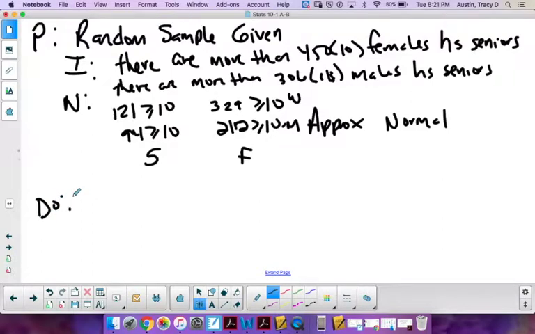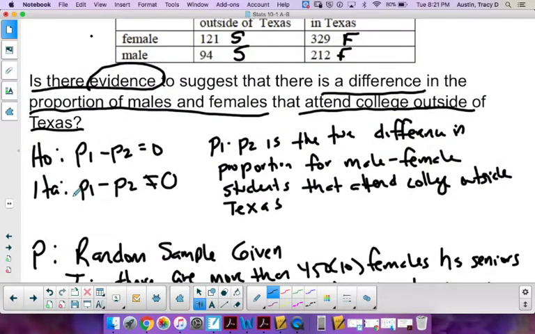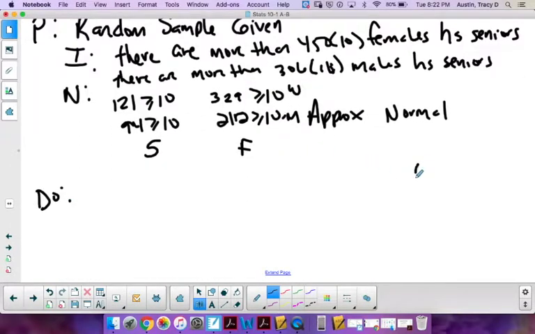Okay, so go ahead and combine, again, your totals and your sample sizes, or your success rates rather. So 121 plus 94, so off to the side, plus 94 divided by 450 plus 306. So go ahead and do that.